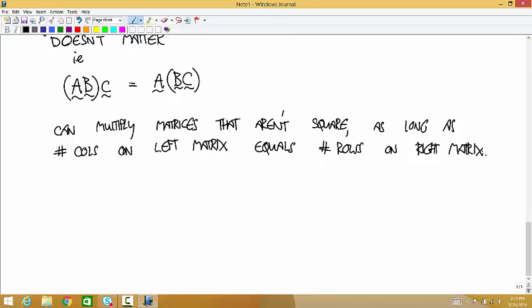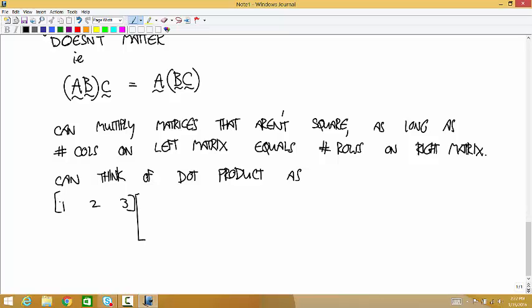And in fact, you can think of the dot product as really a matrix multiplication. You can think of it as like 1, 2, 3.